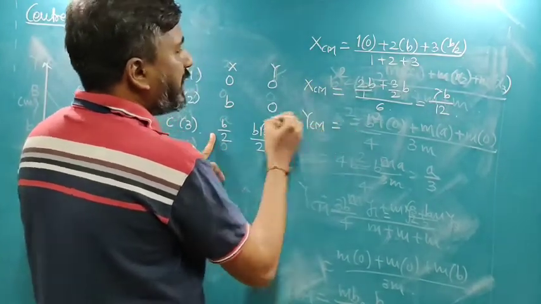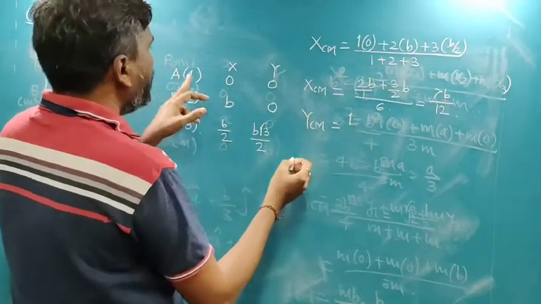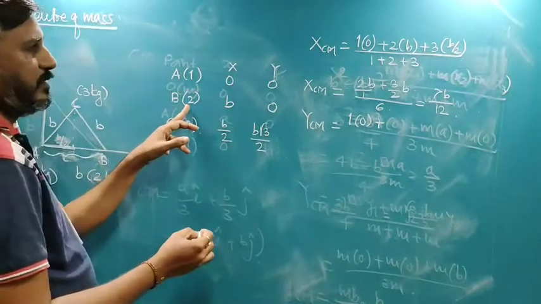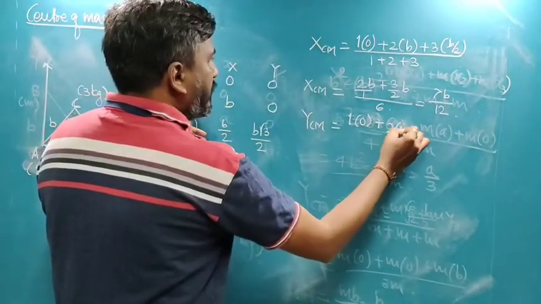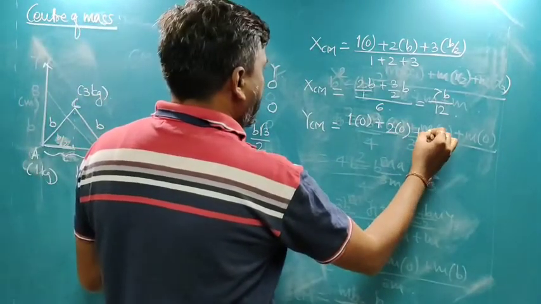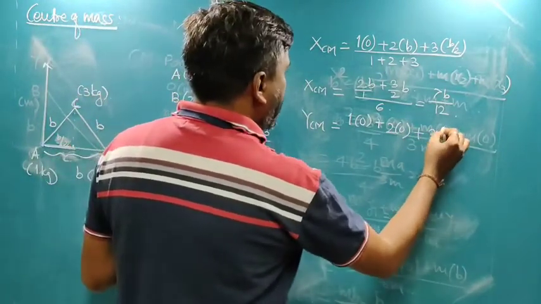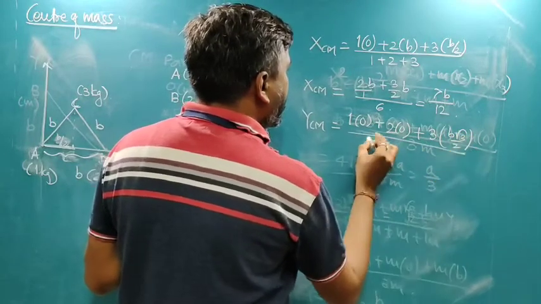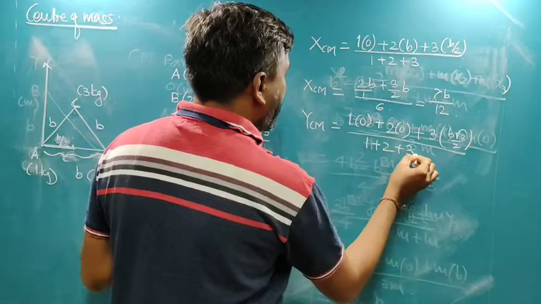So coordinates along the y-axis are again: mass 1 kg situated at distance 0 from the y-axis, mass 2 kg situated at a distance of 0 from the y-axis, plus mass 3 kg situated at a distance b root 3 by 2 from the y-axis, divided by the sum of all the masses.